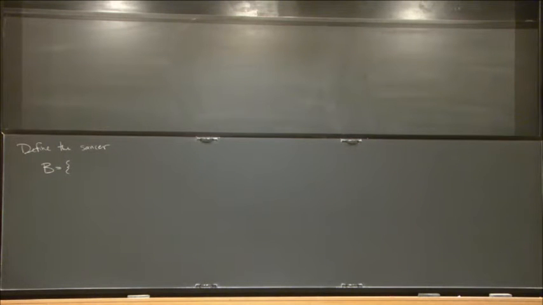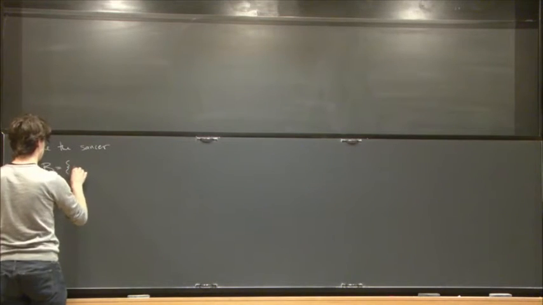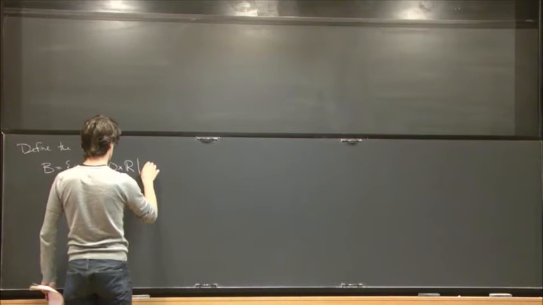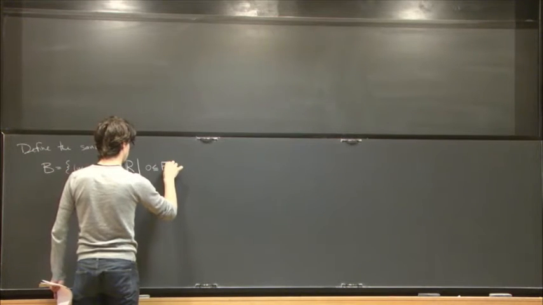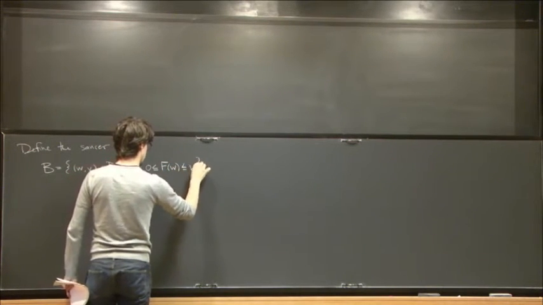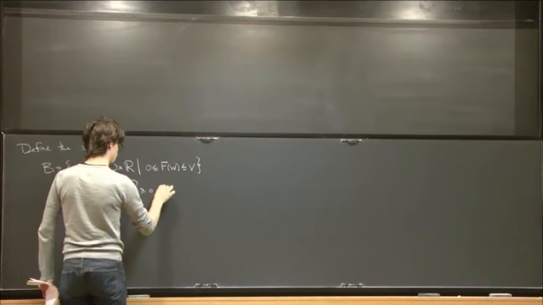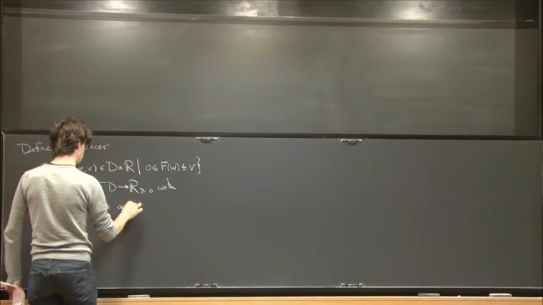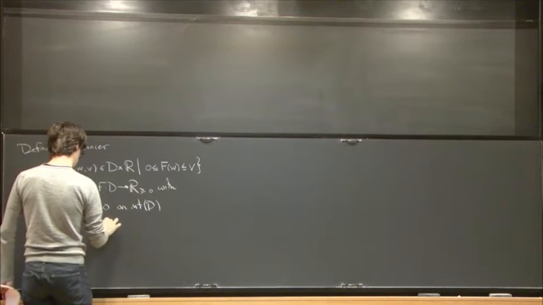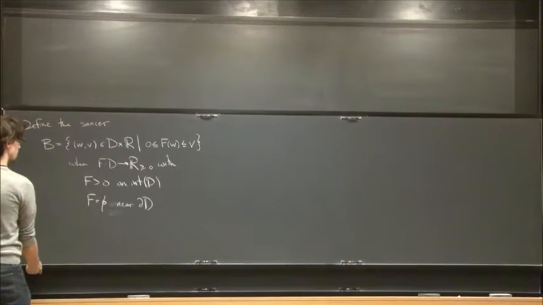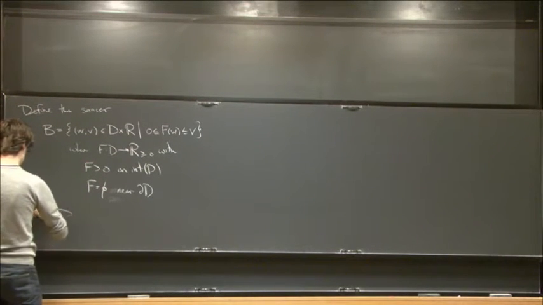say, D is a subset of D times R, to be the set of (w, v) in D times R such that 0 less than or equal to f, where f is theta, with f greater than or equal on the interior of D and f equal phi near the boundary of D. So it looks like something like this.